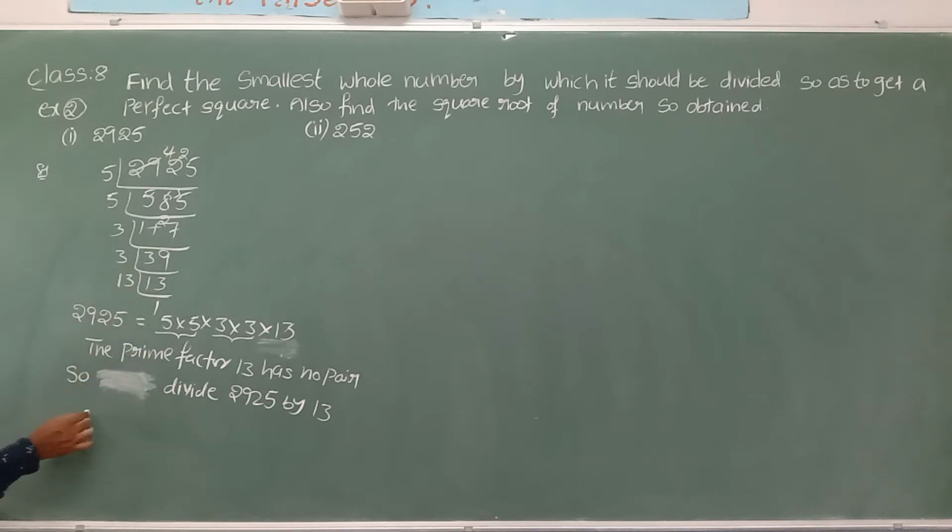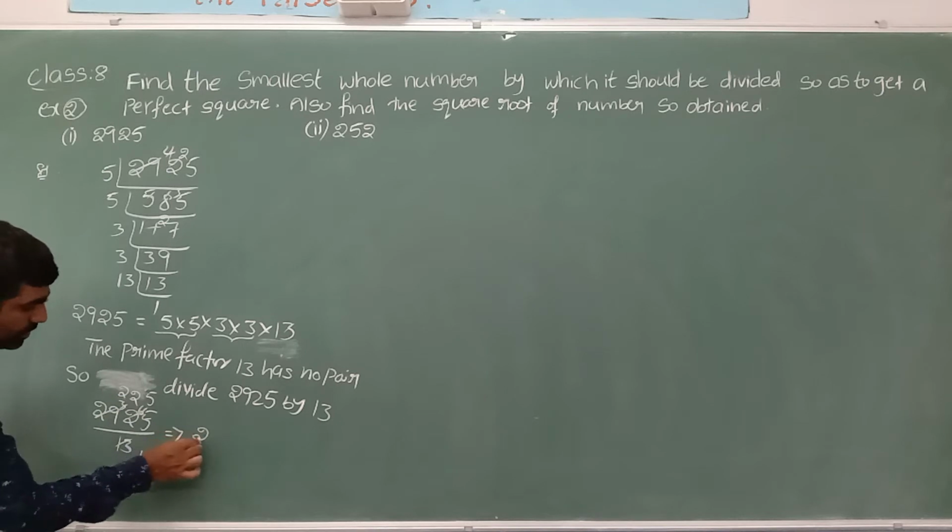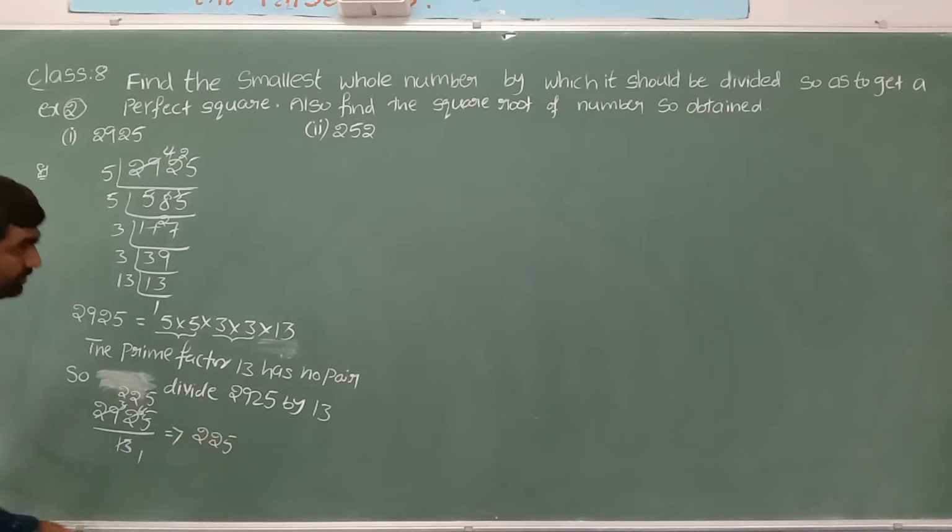Now let me write here 2925 divided by 13 is equal to... 13 1s are 13, 13 2s are 26, 3 left. 13 2s are 26, 4 2 6, 65. 13 5s are 65. Yes, I got 225.